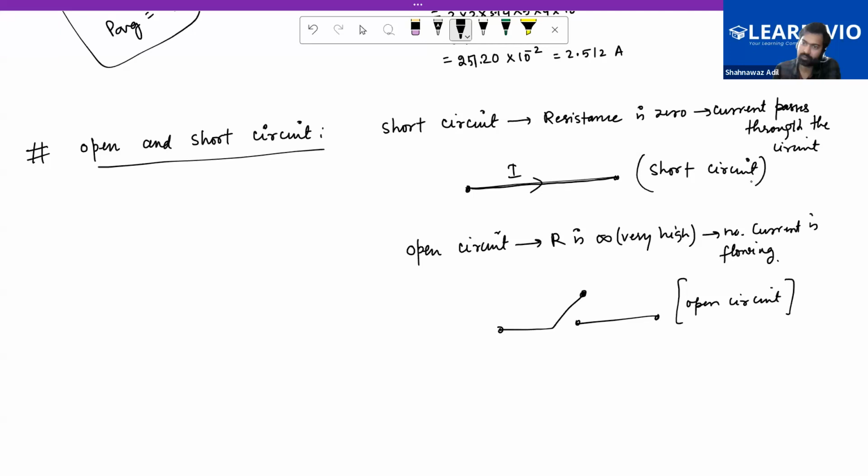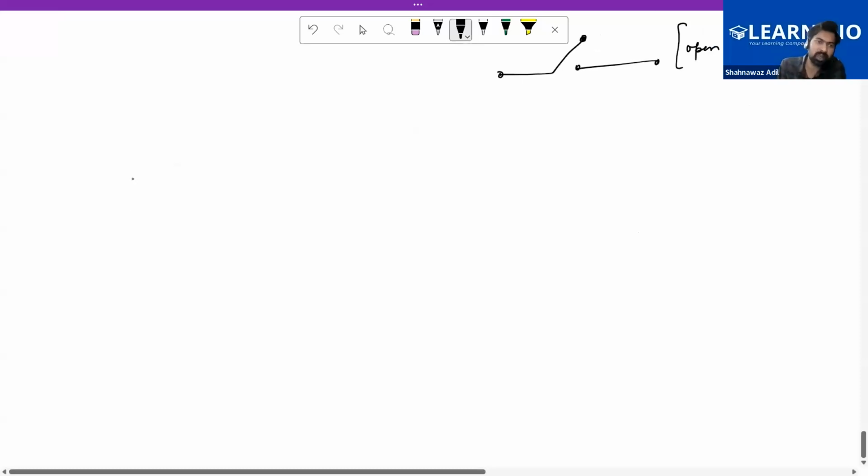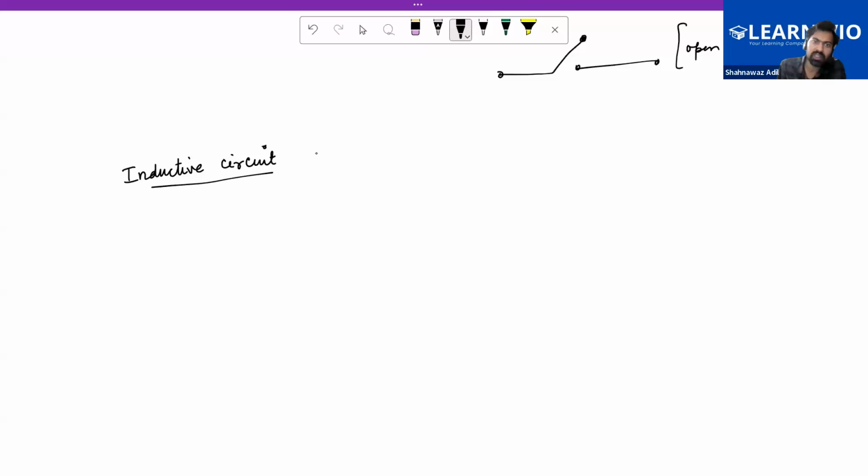Same thing in LCR circuit. So let's say if we talk about inductive circuit, and in inductive circuit, what is the resistance? So resistance is, or this is called the reactance, right?